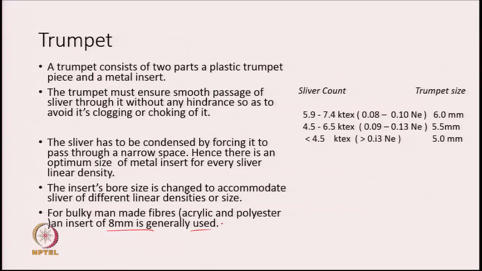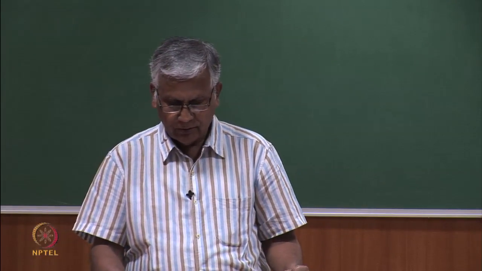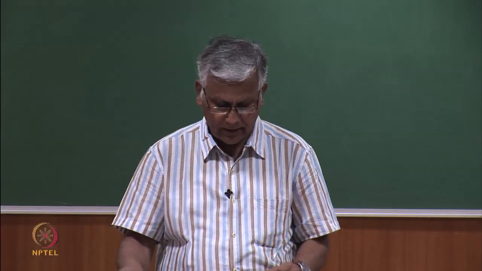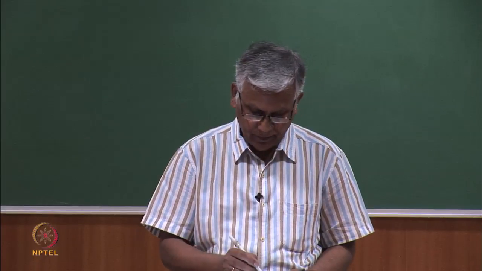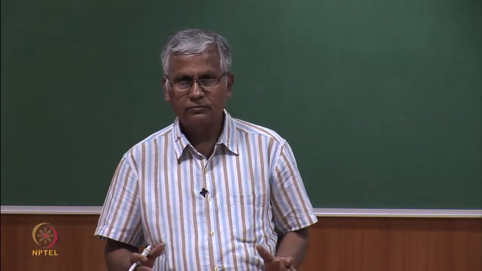Some indications of the sliver count and the corresponding trumpet diameter are shown here. What we see is that as the sliver count becomes finer, the trumpet bore size also reduces. That is, the finer the sliver, the smaller the trumpet size has to be, so that we can still create a lot of pressure on the fibers to consolidate them and make a very compact sliver, which can be handled in the subsequent processes without much difficulty, so that it does not easily break.